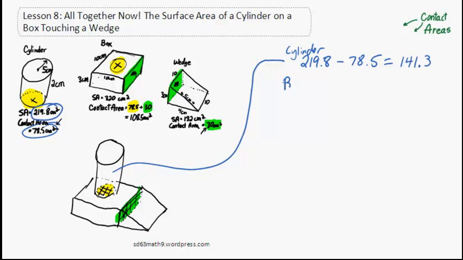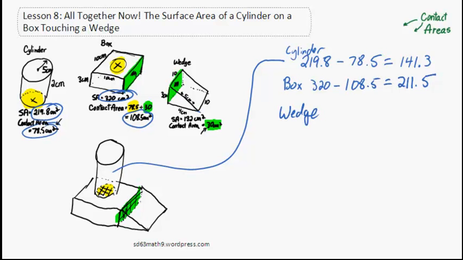For the box, the surface area of the box is 320 minus the total contact area, 108.5, which my calculator tells me is 211.5. And finally, the wedge.